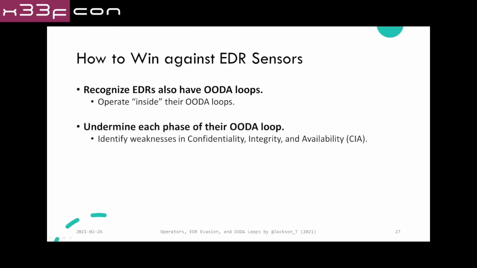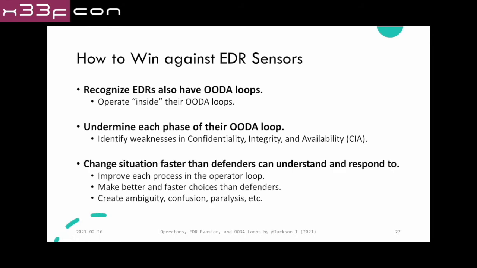So what this means to me is understanding EDR sensors and the context of each process of the loop, and then figuring out how to circumvent each process where appropriate. And the way I've approached this is to loosely look at each process in the context of the CIA triad. From there, you'll also want to operate your offensive loop at a faster pace than the defensive loop.